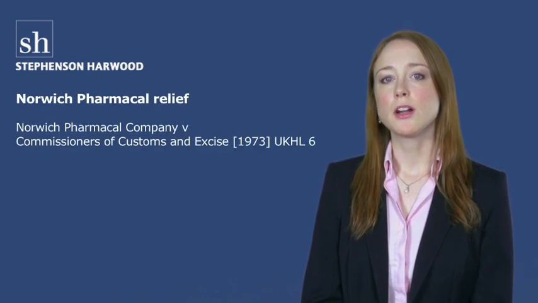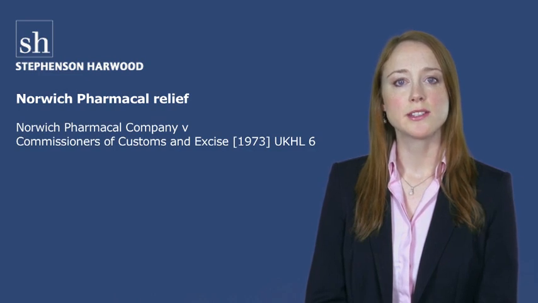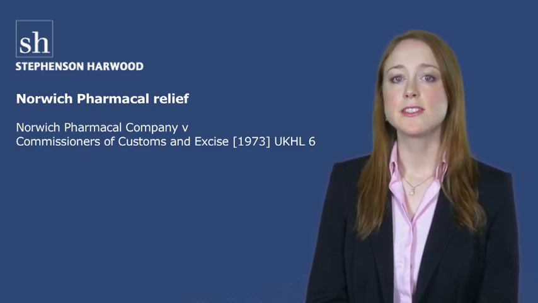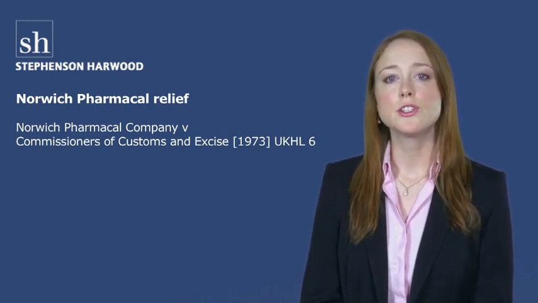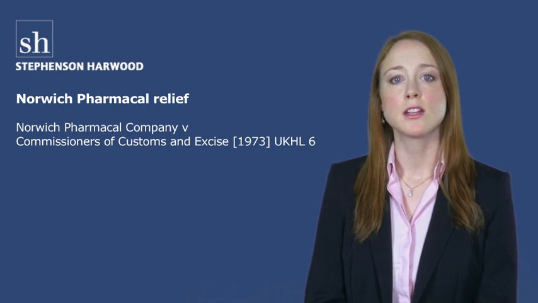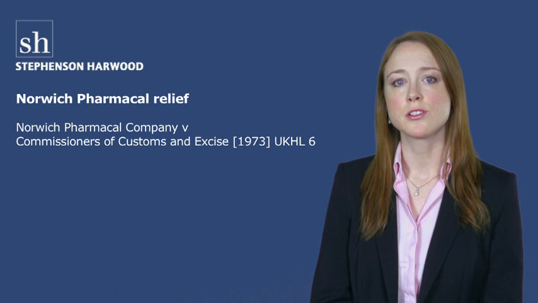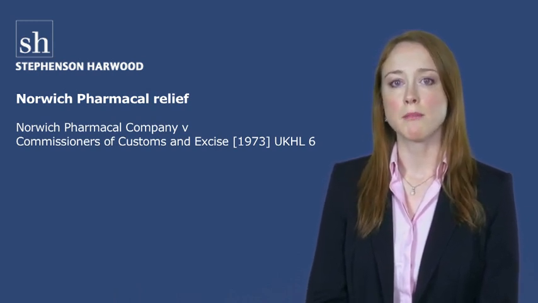In Norwich Pharmacal Company versus Commissioners of Customs and Excise, it was held that where a person gets mixed up in the wrongful acts of others and in doing so facilitates their wrongdoing, whether innocently or not, he comes under a duty to assist the person who has been wronged by giving him full information and disclosing the identity of the wrongdoers. In this case, the applicants owned a patent for a chemical compound.